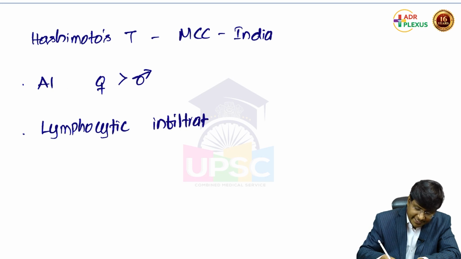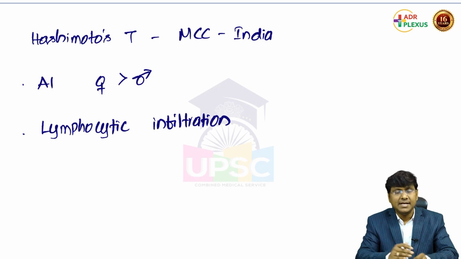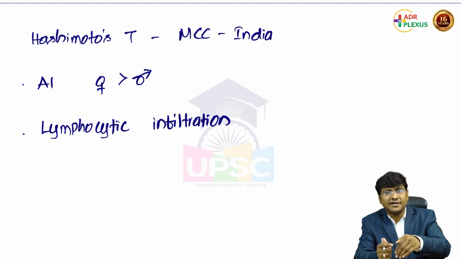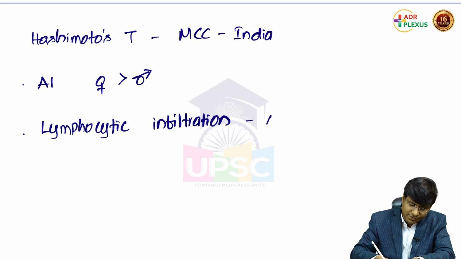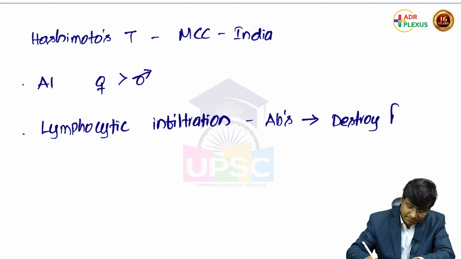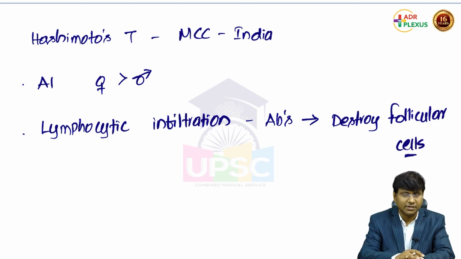The lymphocytes which have infiltrated into the gland produce antibodies, and these antibodies destroy the follicular cells.